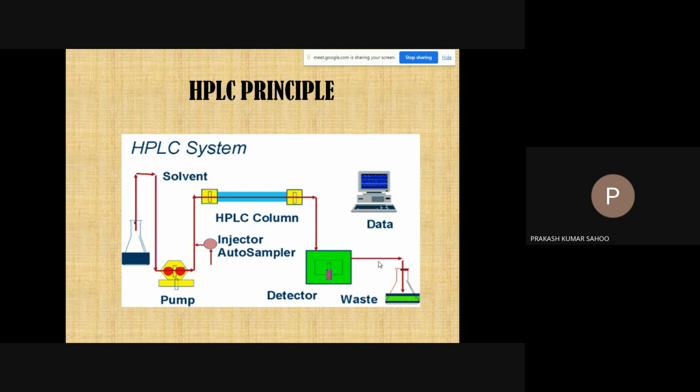So the computer gives different types of peaks or bands with respect to the different components separated from a mixture, and this pump plays an important role because it creates pressure which brings a unique mechanism to HPLC by enhancing the separation rate or flow of solvent to the capillary.